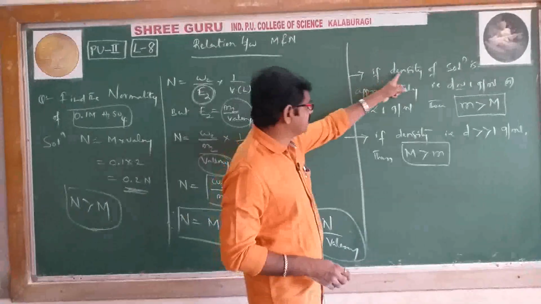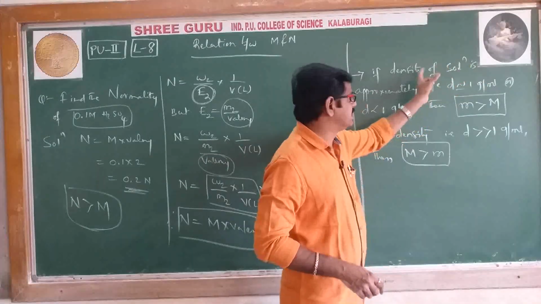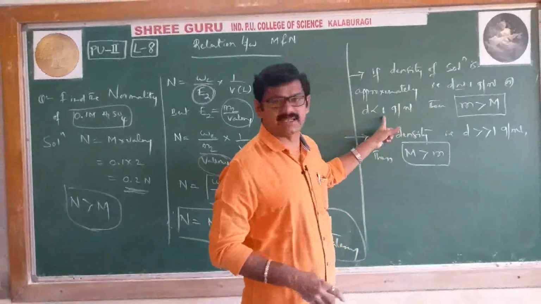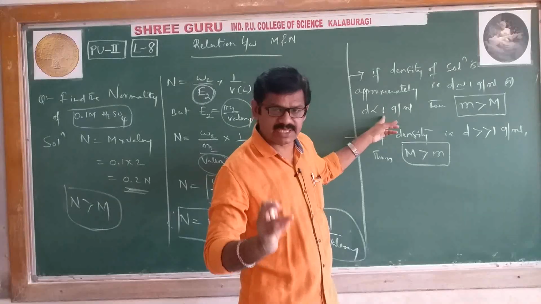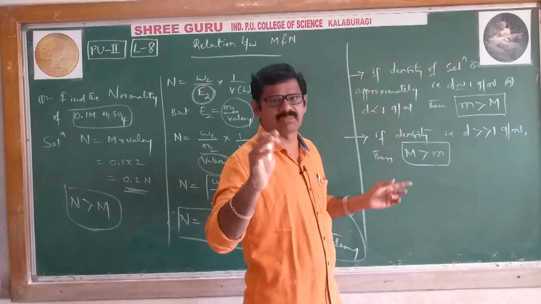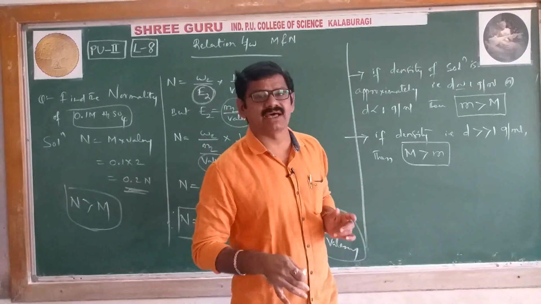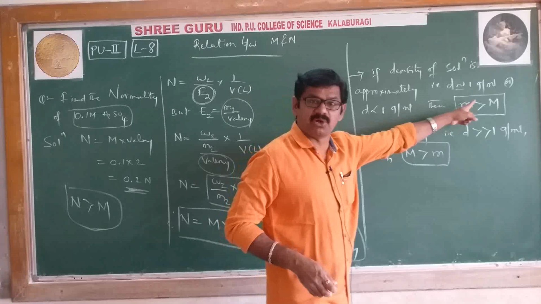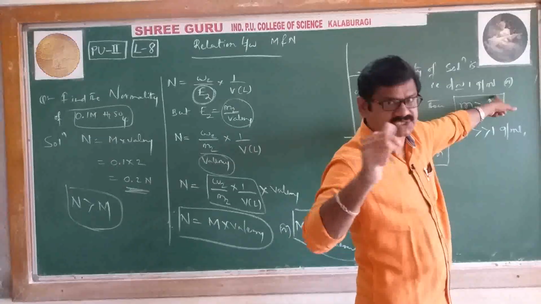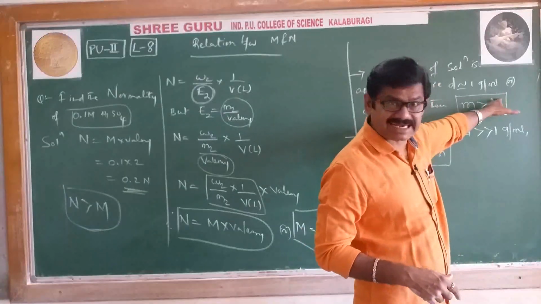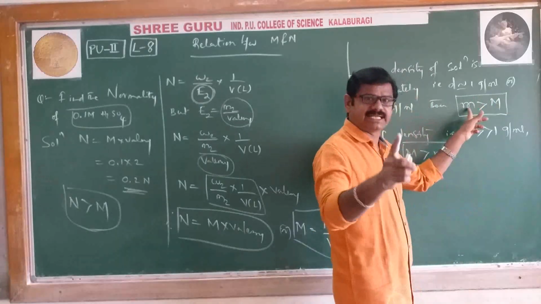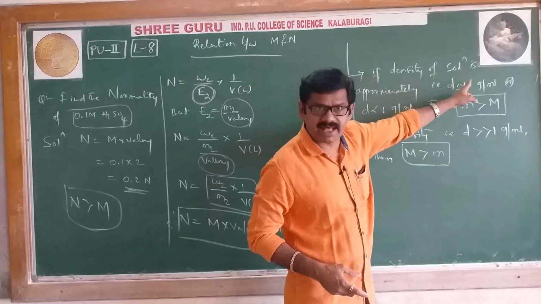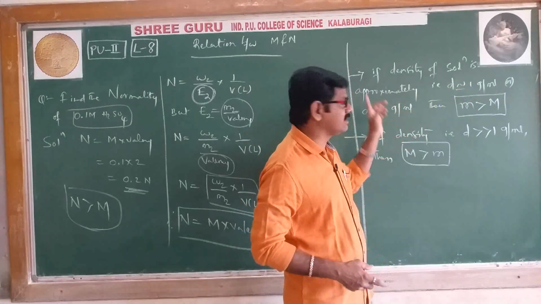First, note 1: when the density of the solution is approximately equal to 1 or less than 1, that is, if the density value is equal to 1 gram per milliliter or less than 1 gram per milliliter, then when we compare molality and molarity, definitely molality is bigger than molarity.